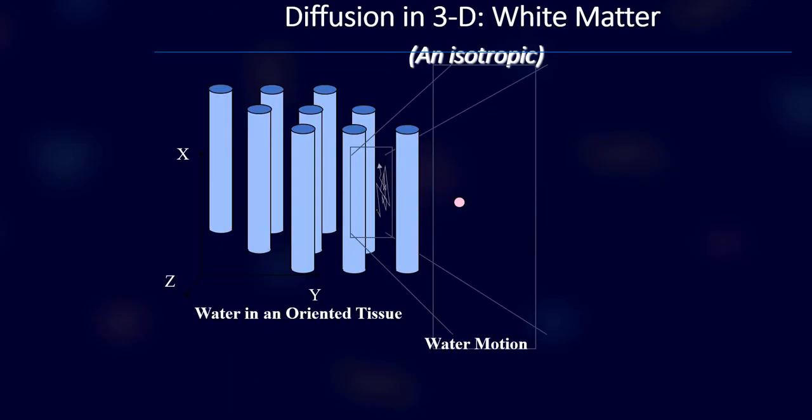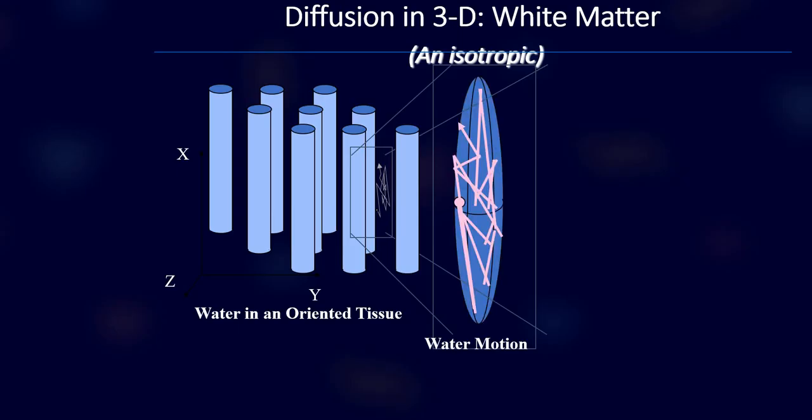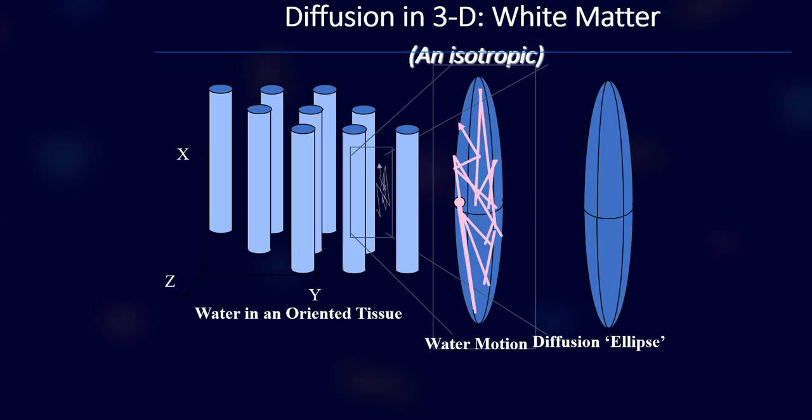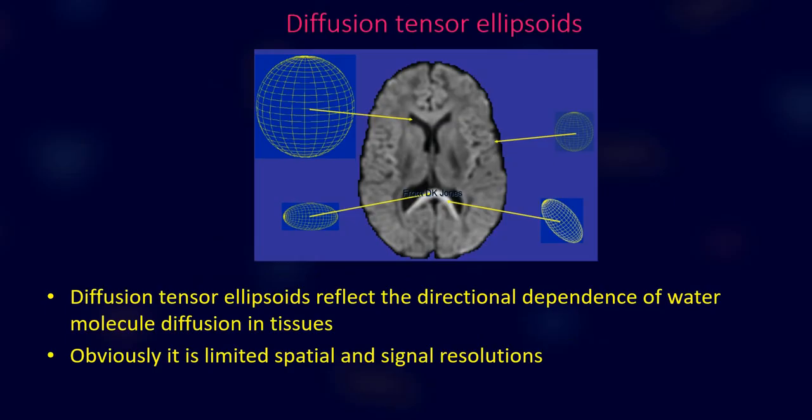But when the diffusion of the fluid is limited along the myelin sheath of the white matter tract, it gives an ellipsoid pattern like that. So this is an anisotropic diffusion pattern.